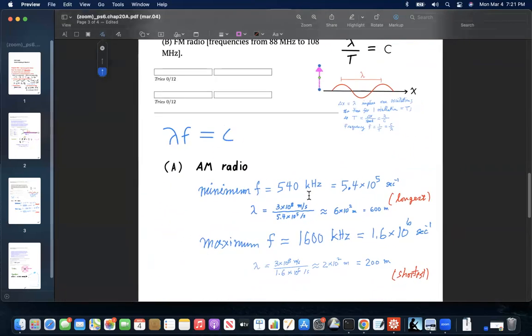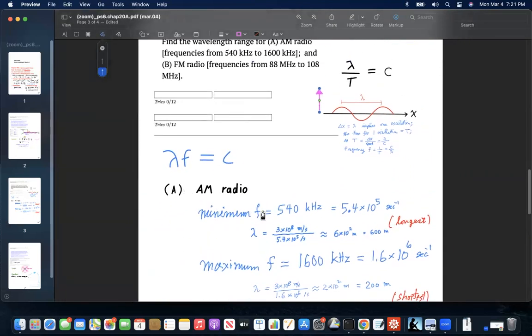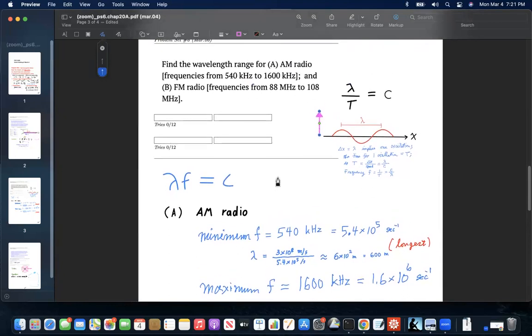So in the case of AM radio, well, the minimum frequency is given as 540 kilohertz, 5.4 times 10 to the 5 inverse seconds. The wavelength is then the speed, let's say approximately 3 times 10 to the 8 meters per second, divided by the frequency, 5.4 times 10 to the 5th inverse seconds.